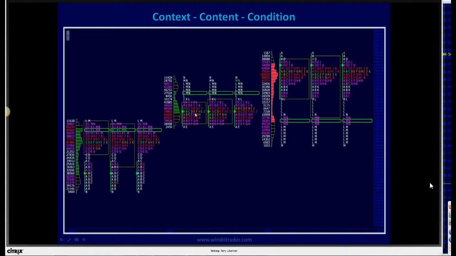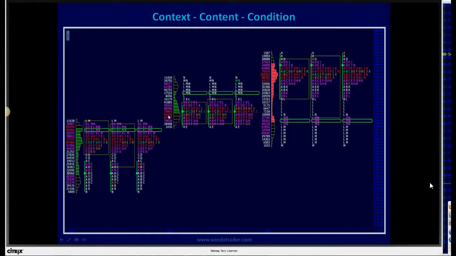Here's one other example. This is an example of 3 different profiles on the screen at the same time. As I say, if I want 10 of them, I can have 10 of them. But this one, the underlying data set is based upon TPO volume, which is the longest row of TPOs closest to the center of the range.